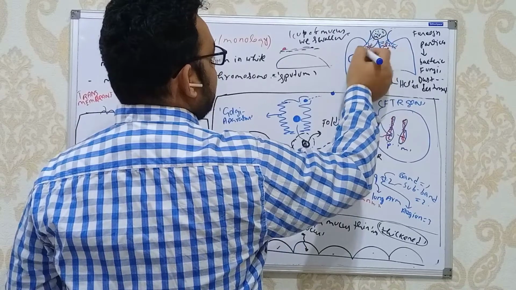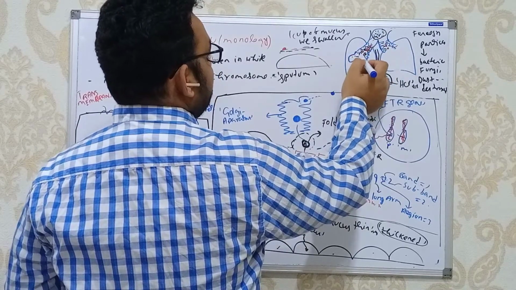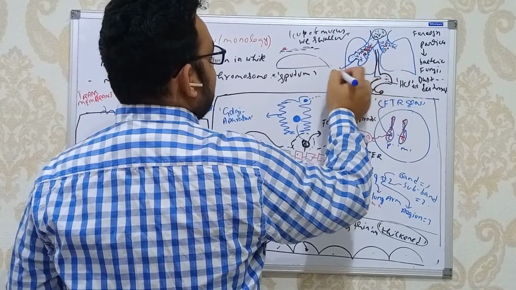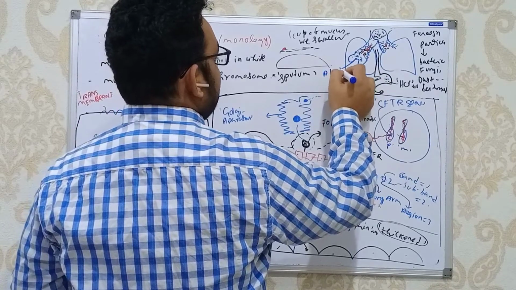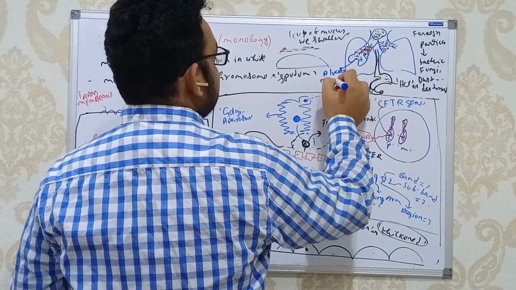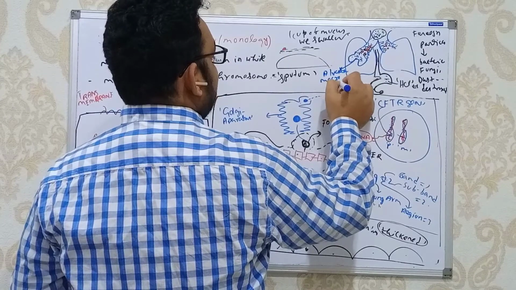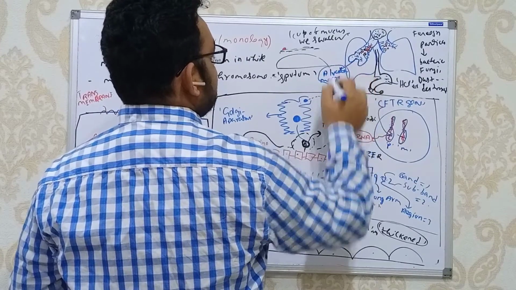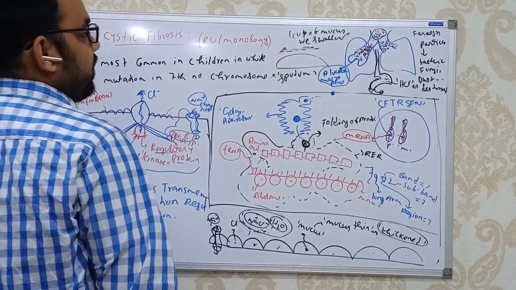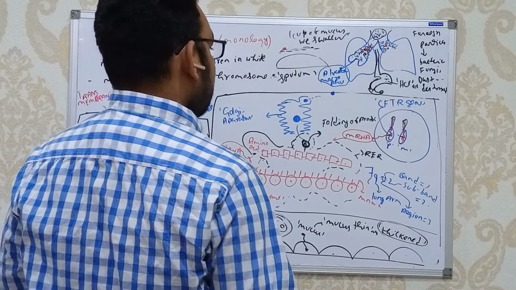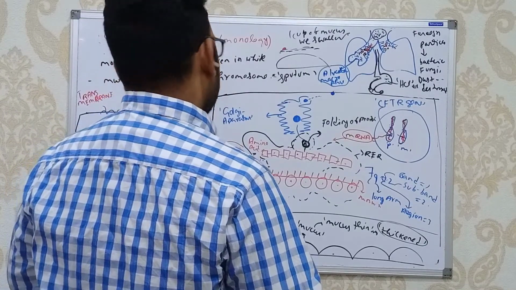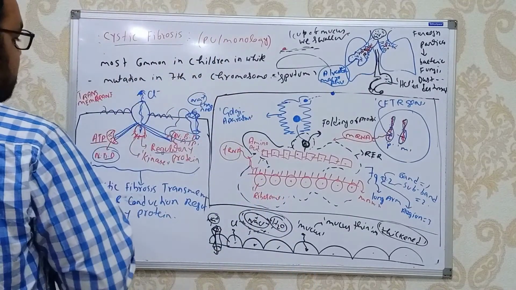By chance if the foreign particles come into this part, there are alveolar macrophages that will engulf them by phagocytosis and destroy the foreign particles. These are the normal mechanisms under physiological conditions.